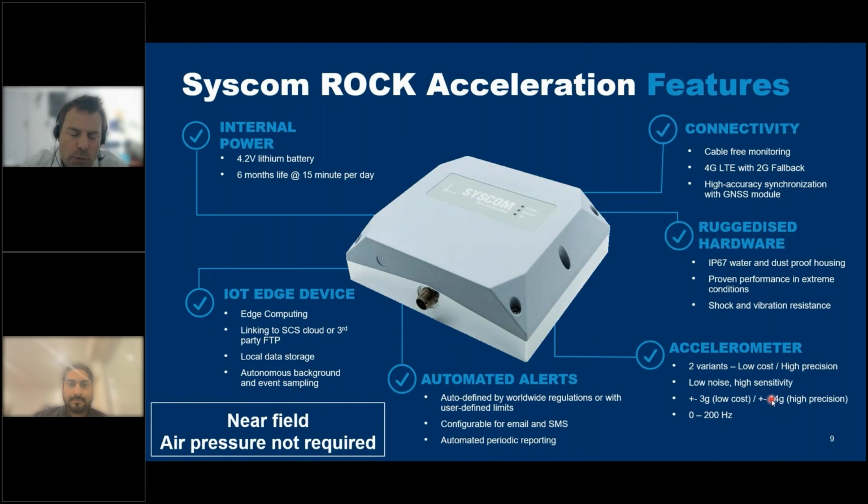And this one is used for near field blast detection applications, among other things. It's also possible to use it for structural monitoring. Remember that we discussed surrounding structures that would benefit from that. And again, we'll see an example just afterwards.